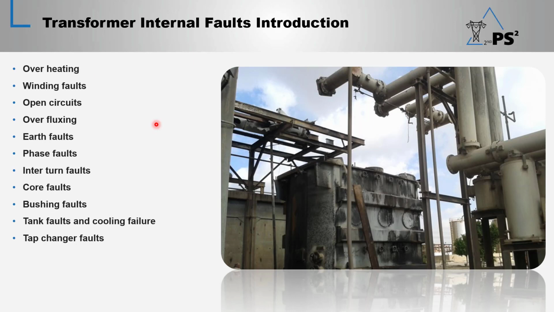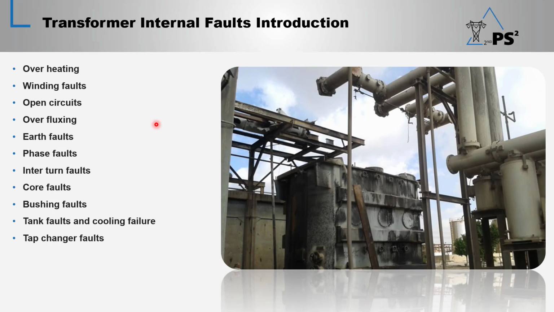Bushing, without periodic check, especially if there is an oil leak in the bushing, can lead to bushing failure. Or if rain ingresses inside the bushing, it also leads to bushing failure. Cooling, if not checked carefully, and if there is cooling failure, it can lead to overheating of the transformer.